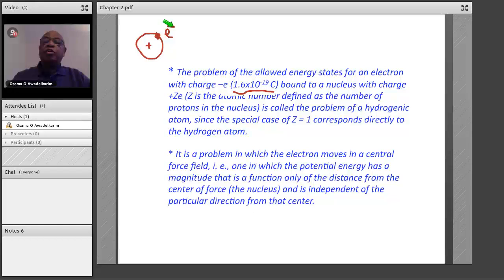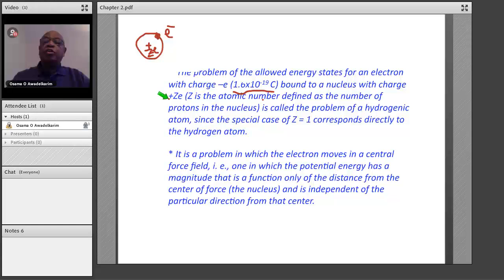The nucleus would have a positive charge, which is Z times E. Z is the atomic number, defined as the number of protons in the nucleus. Such a problem is called the problem of a hydrogenic atom.